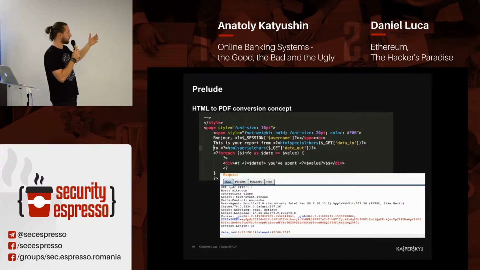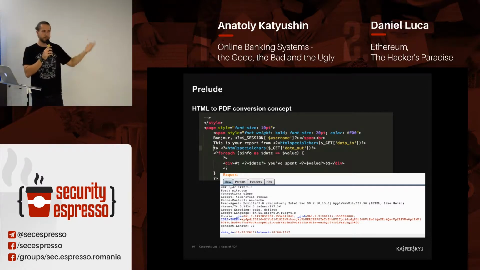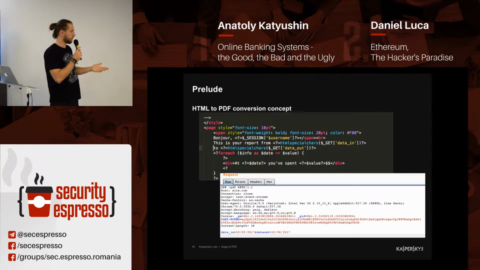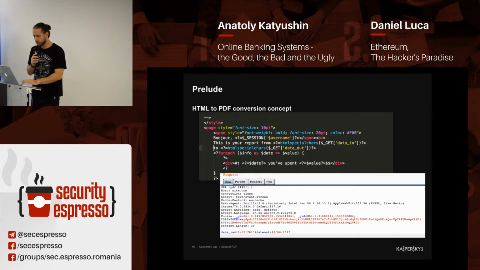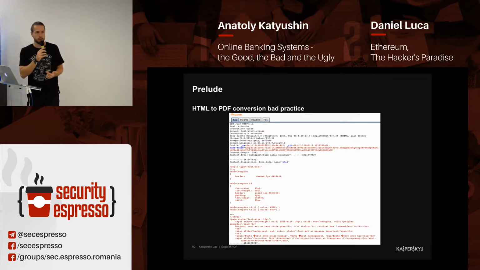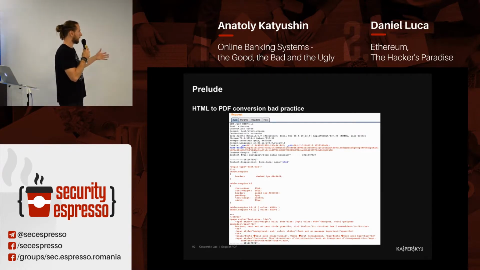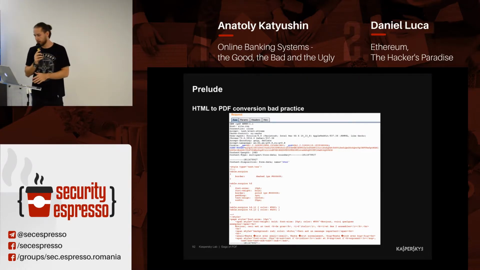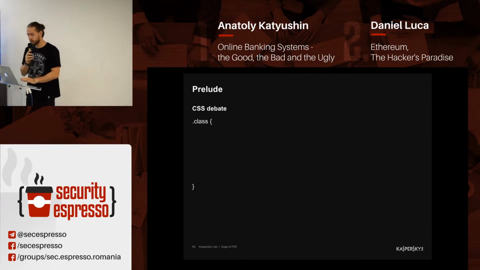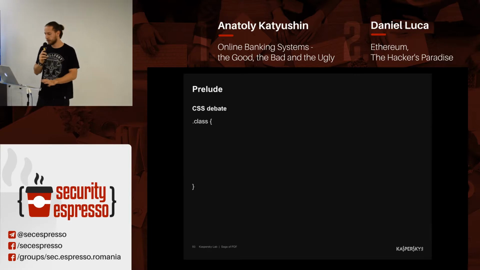He'll receive parameters, escape if there is something that needs escaping, and render the output to us. But in our case, the developer decided to send the raw HTML from client to the server. And this is what happened. But first of all, I just want to debate a little with you.